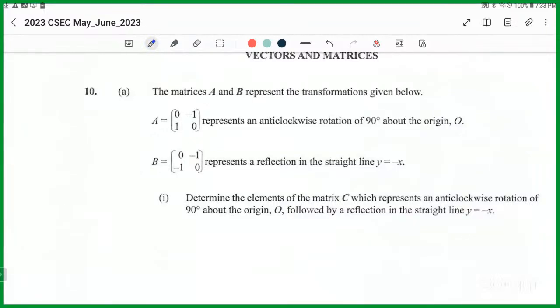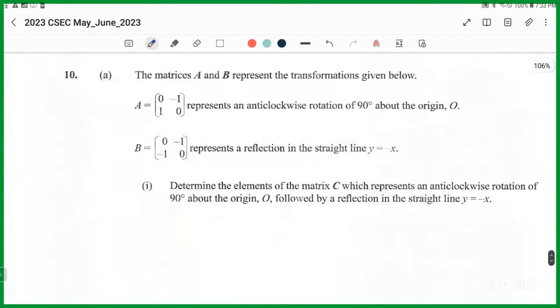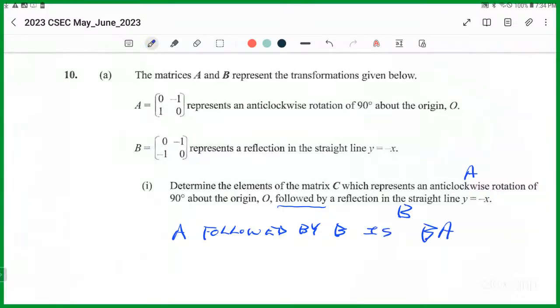Let's determine the matrix C, which represents the anti-clockwise rotation A followed by B. That's what I asked you. A followed by B is B times A: the second one times the first one.